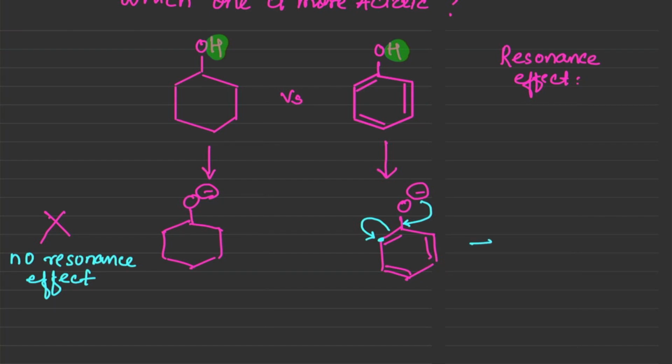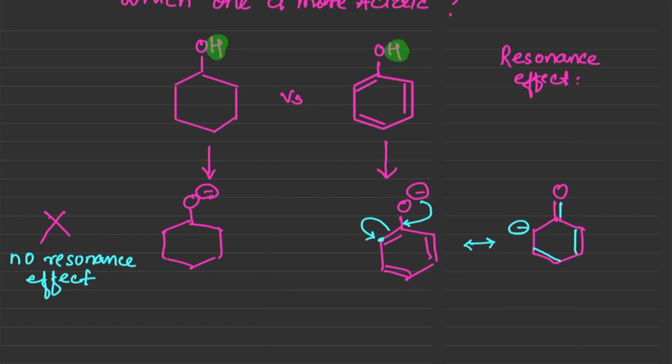So we can create a resonance contributing structure that looks something like this, where you have the double bond with oxygen. However, the negative charge now is on this carbon atom, and everything else stays as it is.